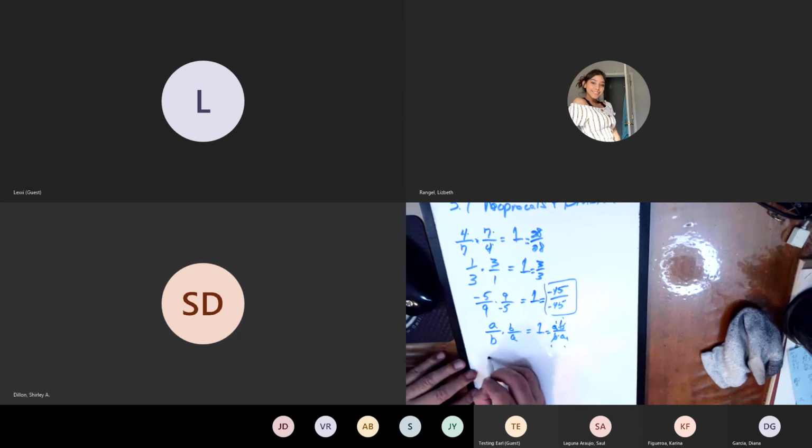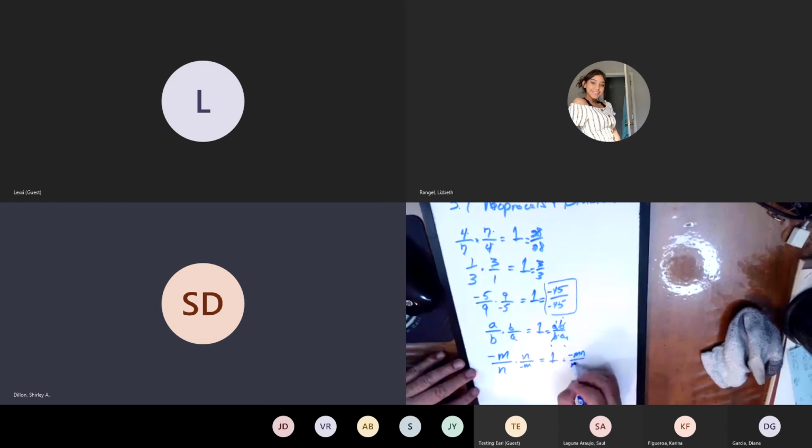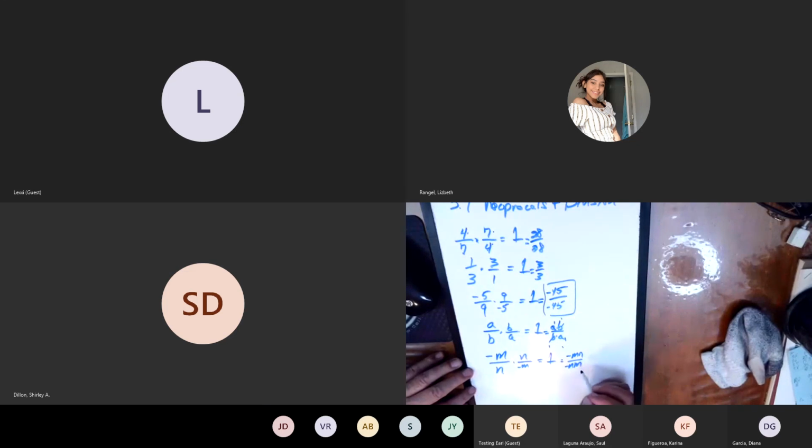All right, and if you have something ugly, minus M over N times what equals 1? Minus M down here, N up here, the opposite of M times N, and the opposite of N over M. Negative over negative becomes positive, and the M's and N's are the same, so they will equal 1.